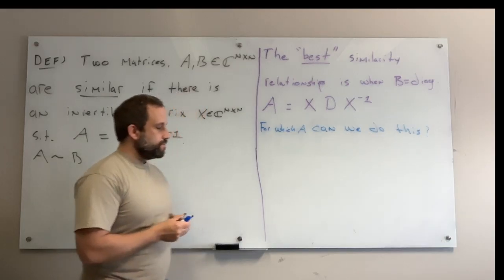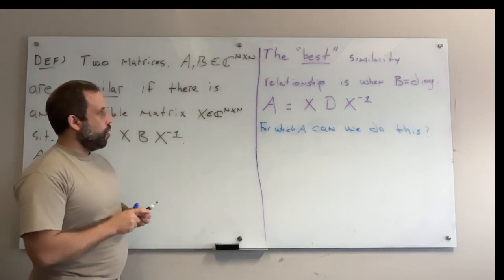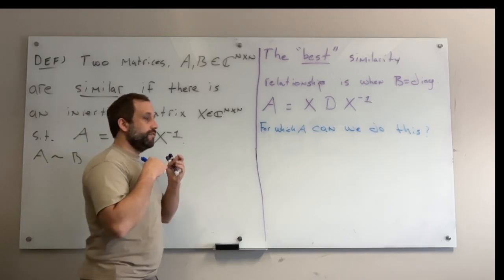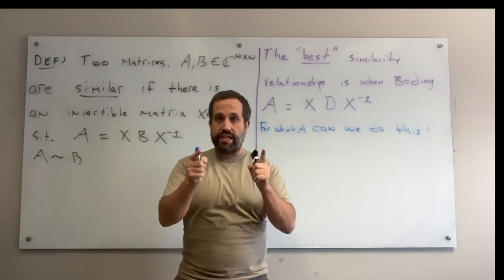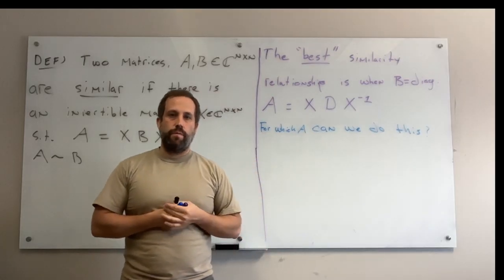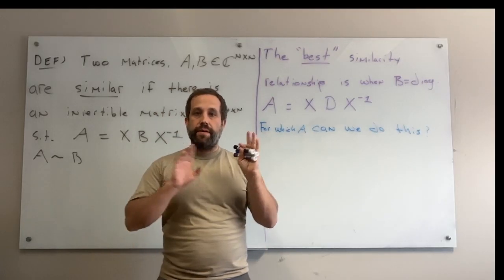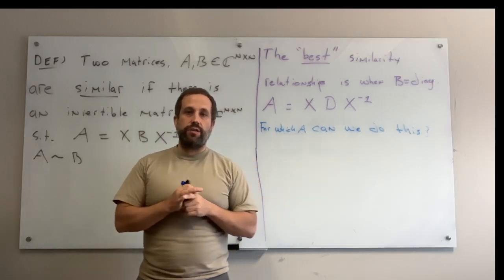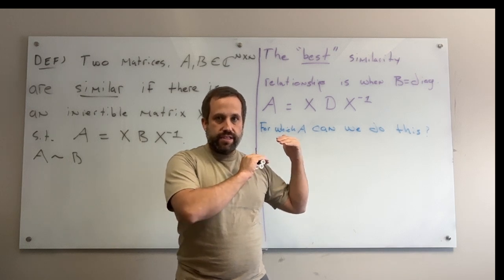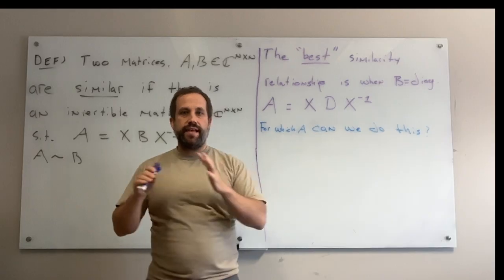Okay, well, this is actually a somewhat difficult question to answer. There's a lot of sufficient conditions. If a matrix satisfies this property, then it is diagonalizable. Okay, we're going to give, but maybe not a lot of necessary conditions. So as we will see, if a matrix is Hermitian, then it is diagonalizable.